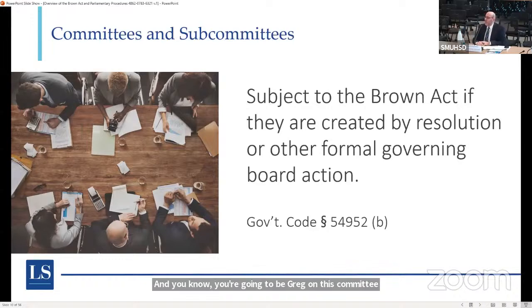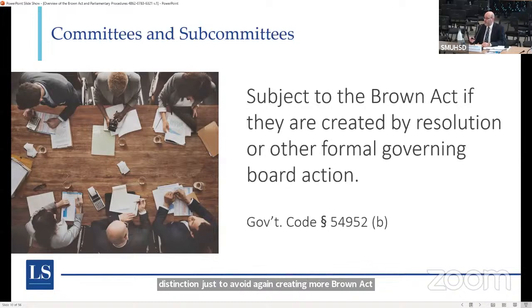The next thing you know, you have committees that have an appointed board member who's a member of the committee can start drifting into the world of being a Brown Act body. So what we always say is don't appoint those board members as committee members, appoint them as liaisons from the board to sit with the committee. They don't vote with the committee. They're there for their meetings. And we draw that distinction just to avoid, again, creating more Brown Act problems than we have to have.